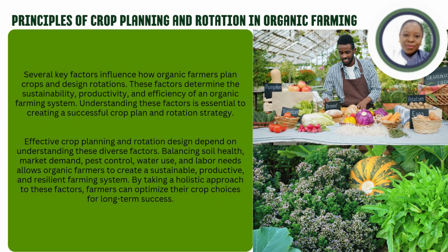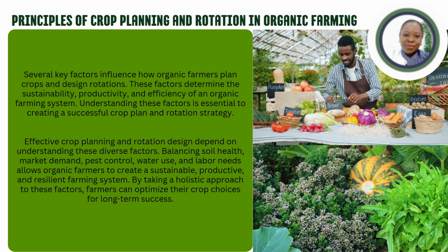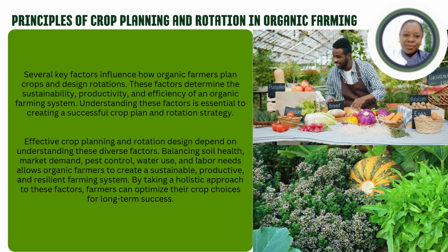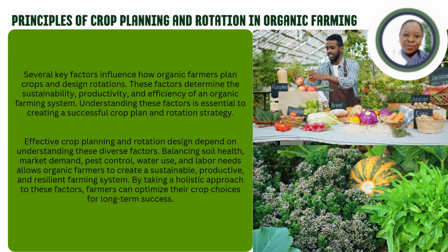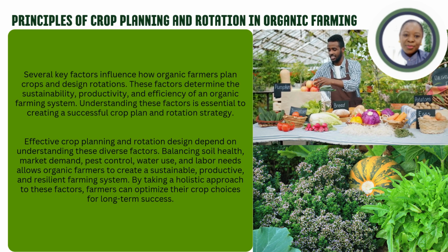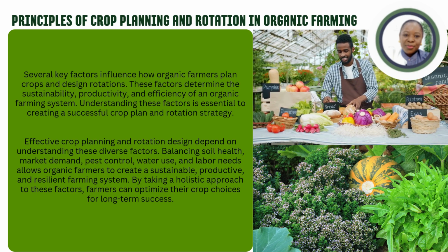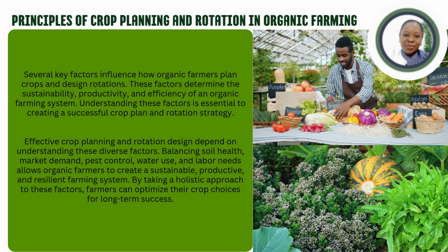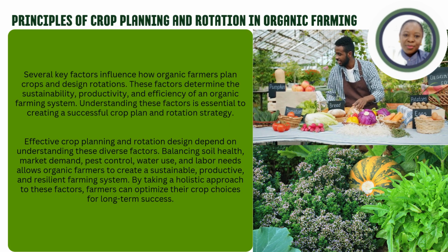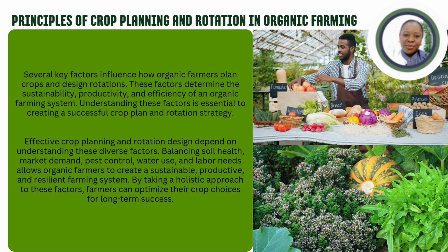Several key factors influence how organic farmers plan crops and design rotations. These factors determine the sustainability, productivity, and efficiency of an organic farming system. Understanding these factors is essential to creating a successful crop plan and rotation strategy.